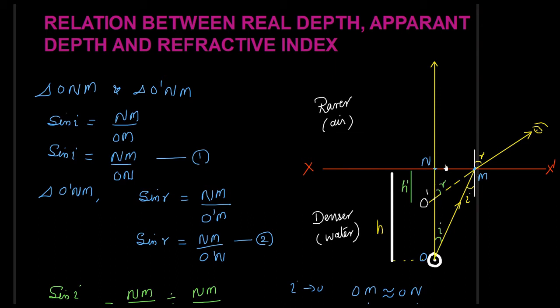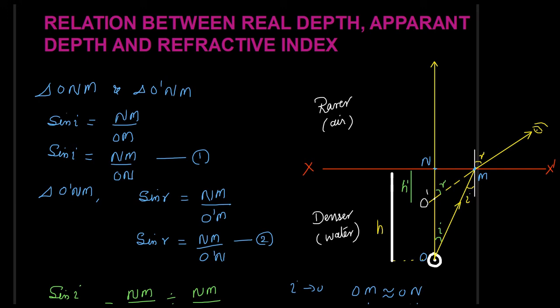Now from these two triangles, what is sin I? Sin I is equal to NM by OM. Let that be equation number 1. But these two points N and M are close by if I is very small.